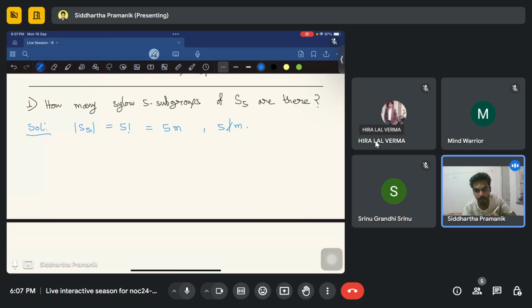So the order of a Sylow 5-subgroup in S5 is 5. That means we need to count the total number of subgroups of order 5 in S5.